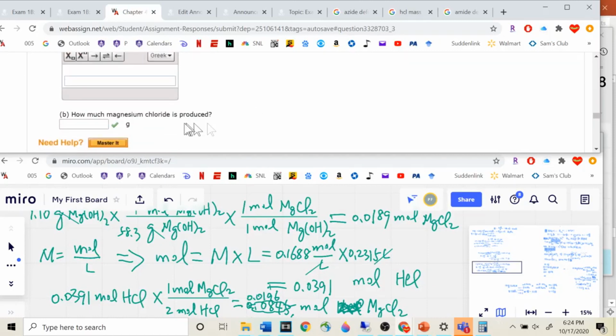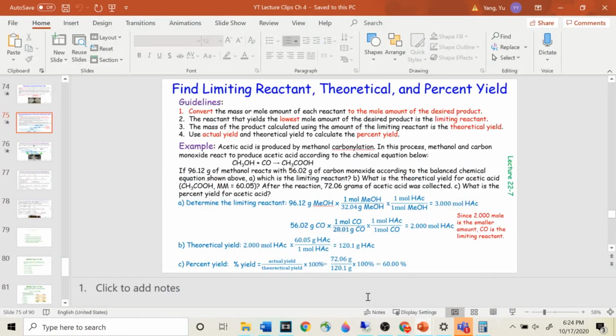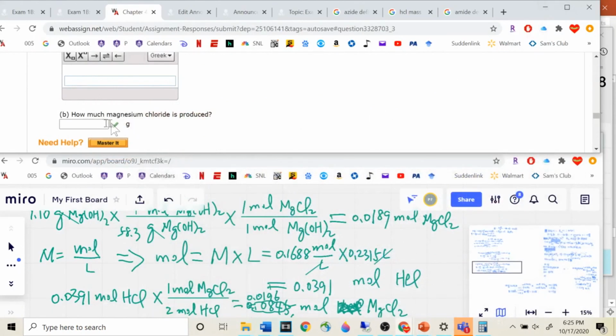Next, how much magnesium chloride is produced? How do we find that out? Again, if you forget, you have to go back to the guideline. The mass of the product calculated using the amount of the limiting reactant is the theoretical yield. So what is asked here, how much magnesium chloride is produced?